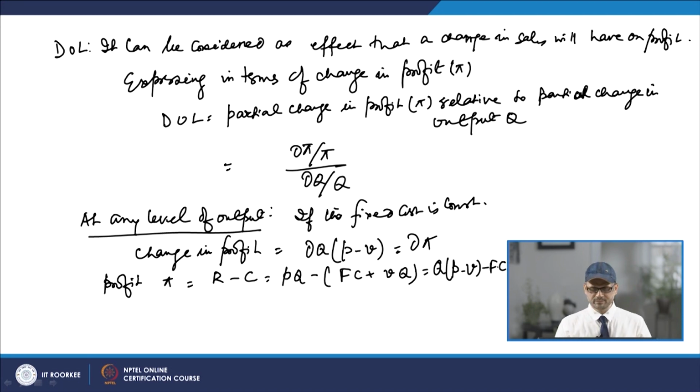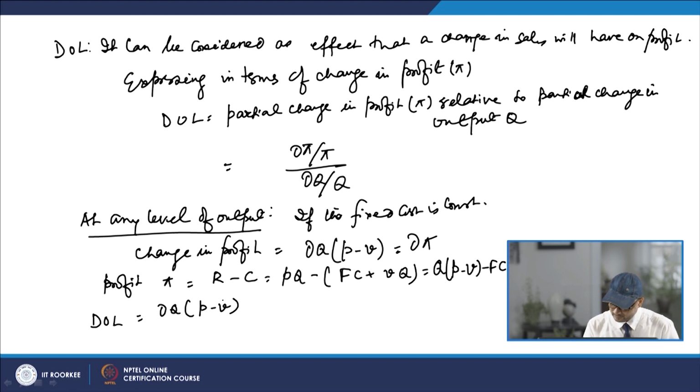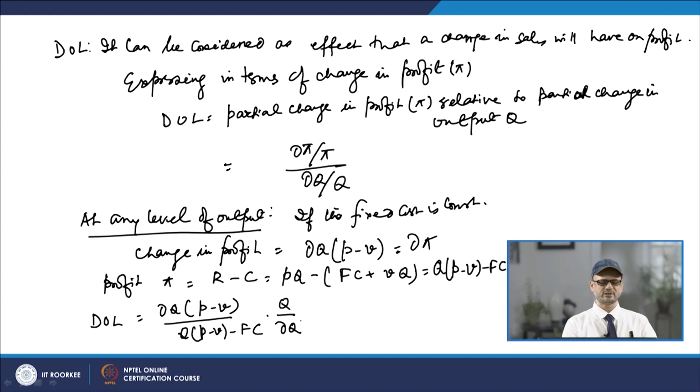What we can further define as DOL will be basically dou Q into P minus V divided by Q into P minus V minus FC, which is your profit, and then multiplied by Q by dou Q, because it is divided by that.